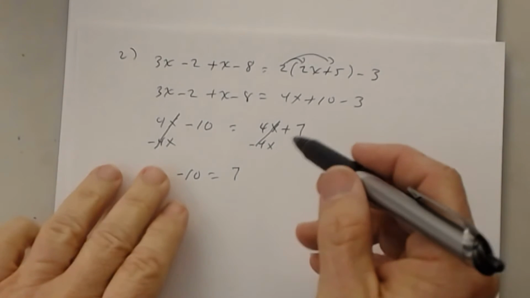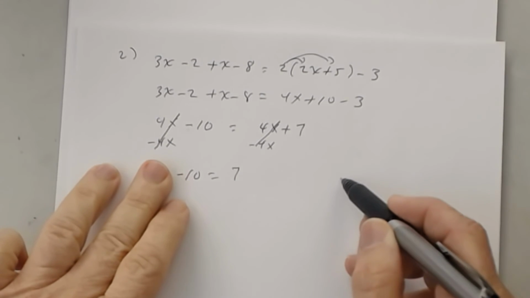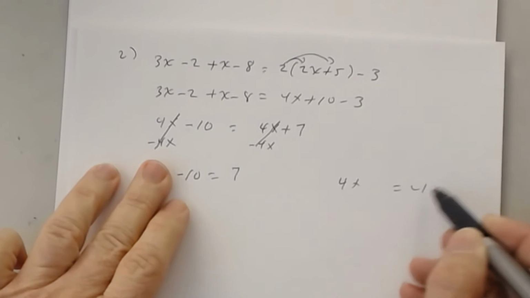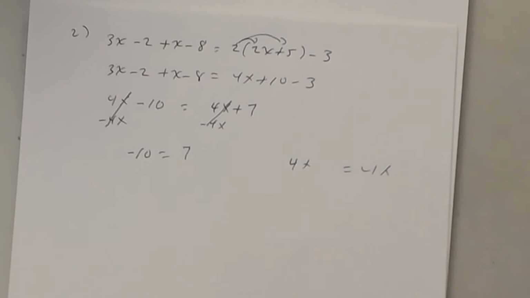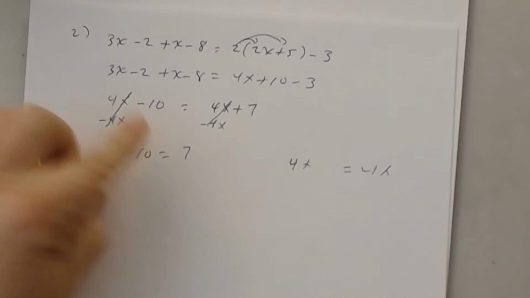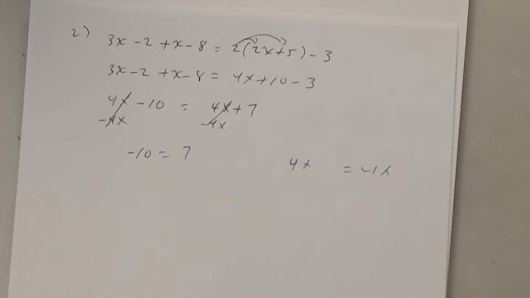So what I want you to think about is this. Do y'all agree that 4x equals 4x, right? So if you have a balance, think of high school chemistry, the balance scale. So I have 4x and 4x on that platform, right? Is it still balanced? Okay. So on one side, I'm subtracting 10 from it, right?